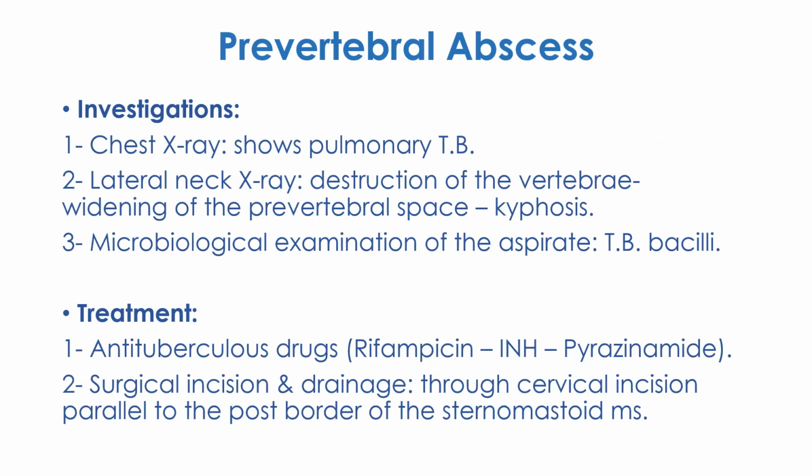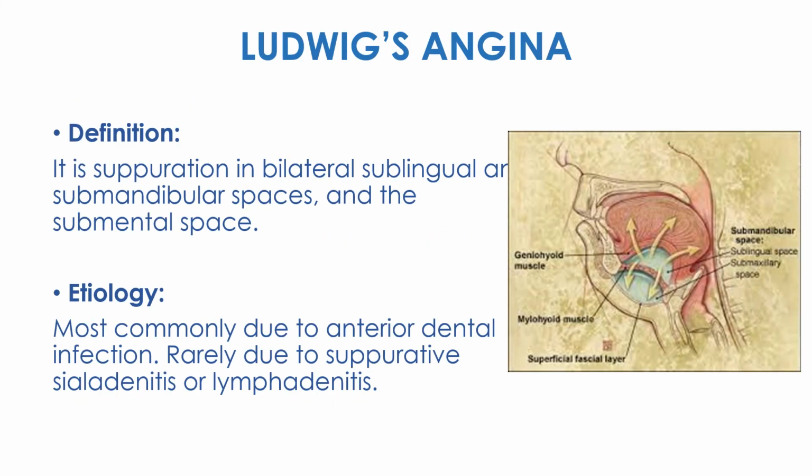Investigation: chest X-ray showing pulmonary TB, lateral neck X-ray showing destruction of vertebrae, widening of the prevertebral space or kyphosis, microbiological examination of the aspirate for TB bacilli, anti-tuberculous drugs such as rifampicin, INH (isoniazid), pyrazinamide, and surgical incision and drainage through a cervical incision parallel to the posterior border of the sternocleidomastoid is the place and site of the incision in such deep neck infections.